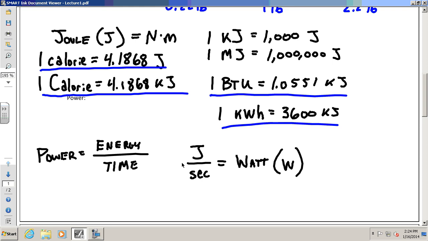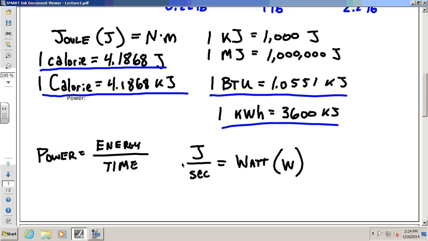Why do we still use the English system? Metric is way easier, right? We should all be in metric, but that's a battle that's been fought for many years and it hasn't been won. So as engineers, we still need to know both systems. It's kind of sad because think about all the extra time we spend dealing with two unit systems. We could all just be in one. It'd be a lot easier.